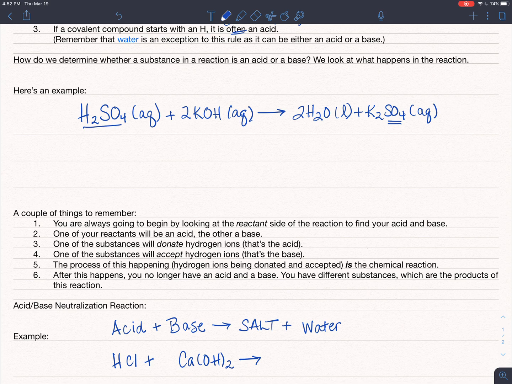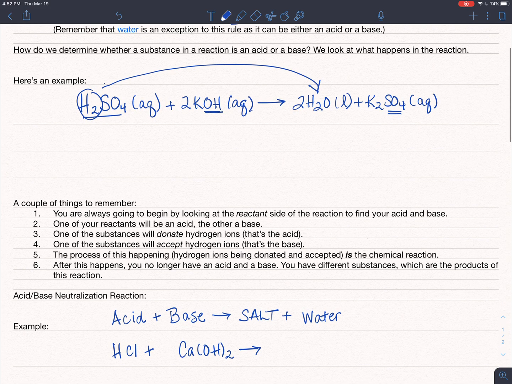So this has donated its H's. They're gone. It's donated them to my hydroxide ion, and in that donation, a new substance called water is formed. We can also see that this hydroxide ion, the base, this potassium hydroxide, accepted the proton from the sulfuric acid.